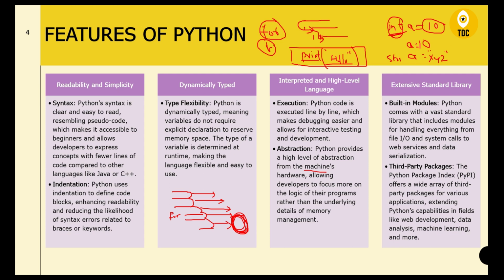There are third-party packages also. PyPI, the Python Package Index, offers a very wide array of third-party packages for various applications, extending Python's capabilities into different fields like web development, data analysis, machine learning, and so on.